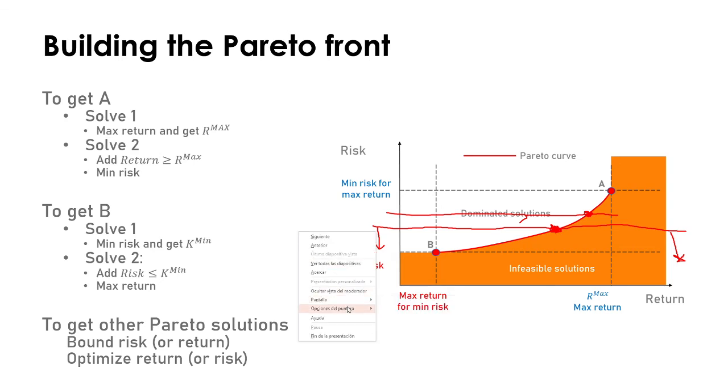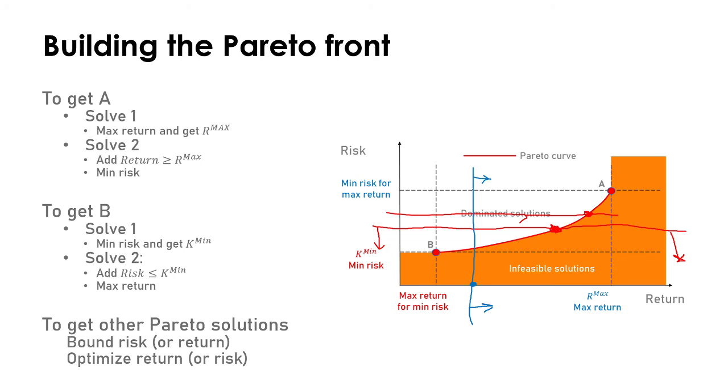And the other approach, let's paint it in blue, is to optimize with bound return and optimize risk. So in this case it is similar to this. I'm going to impose a minimum return I want to get. So I'm only exploring solutions that are to the right of this vertical line that imposes a limit on the return I'm going to get. Once I do that, I minimize risk.